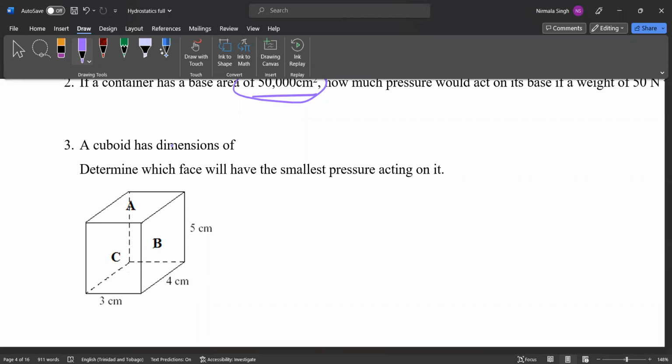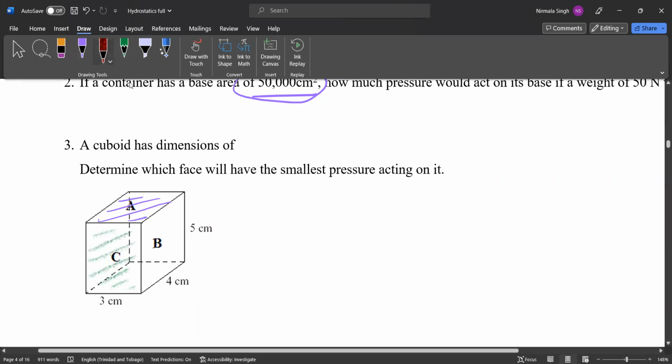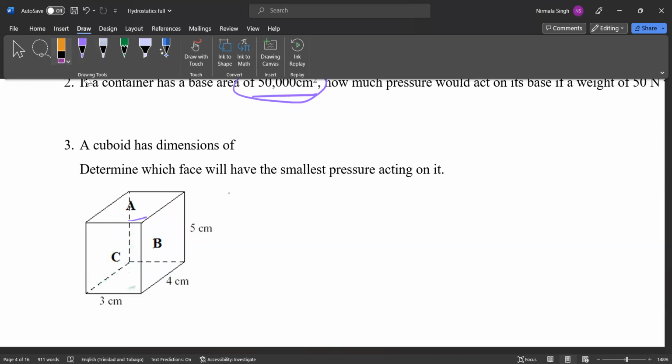So our faces here are A, then we have B, and then we have C. We have 3 different faces, and this is where we have to work out the areas of our 3 faces.